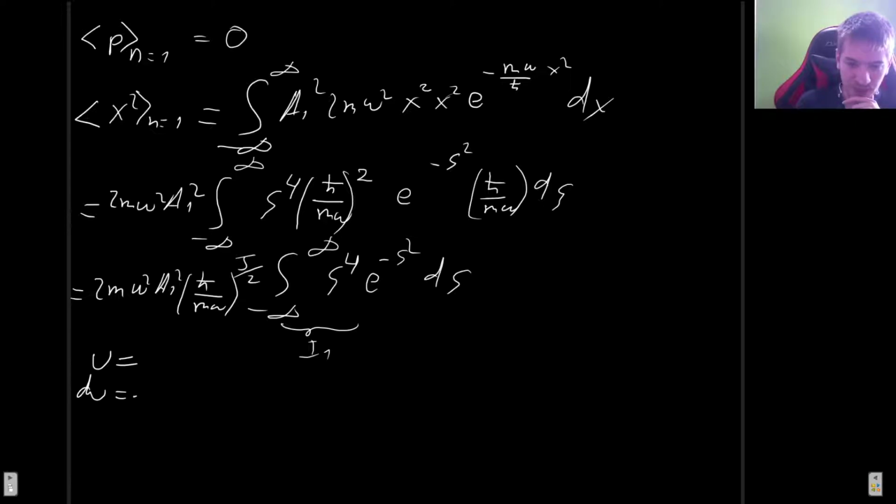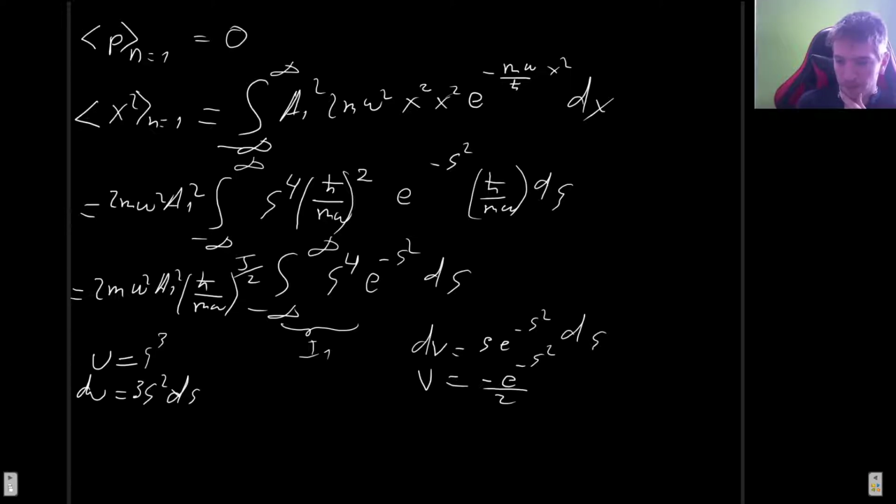That was a bit of force of habit. So psi cubed, du is 3 psi squared d psi, and our dv is going to be psi e to the minus psi squared. That's why I picked psi cubed, because I need to integrate something, and the only easy thing I could think of is something of this form. The integral of that is just going to be minus e to the minus psi squared divided by 2. That's the only easy integral I could think of here, so I left one psi for the exponential, and the rest I put into this u.